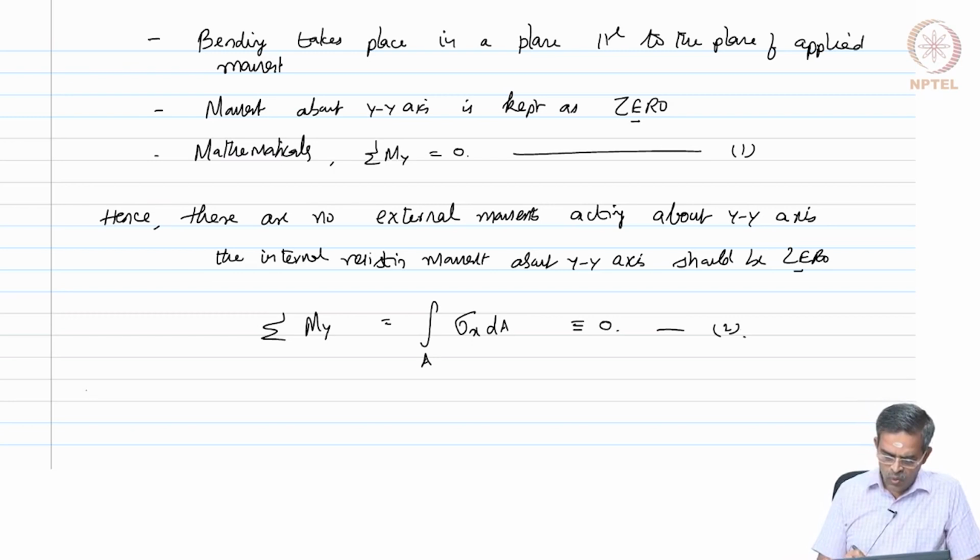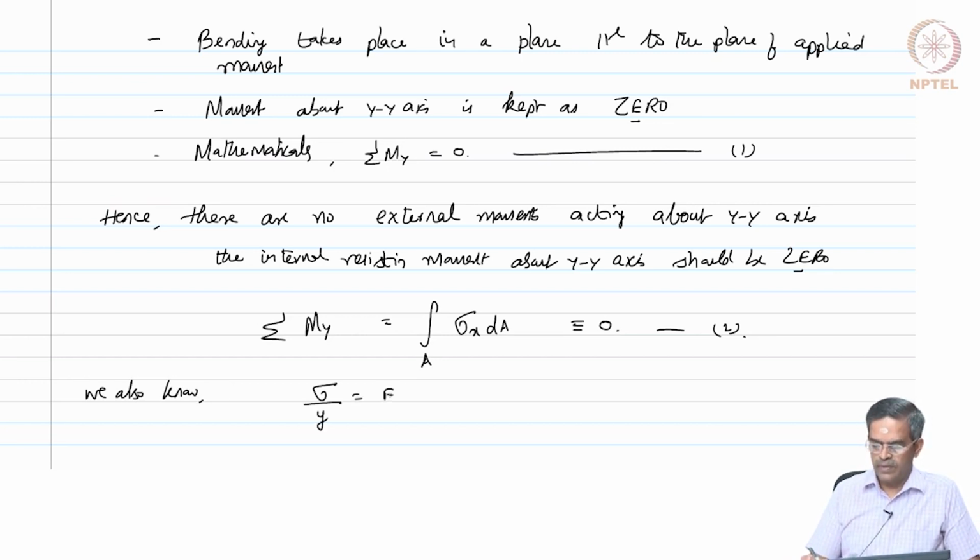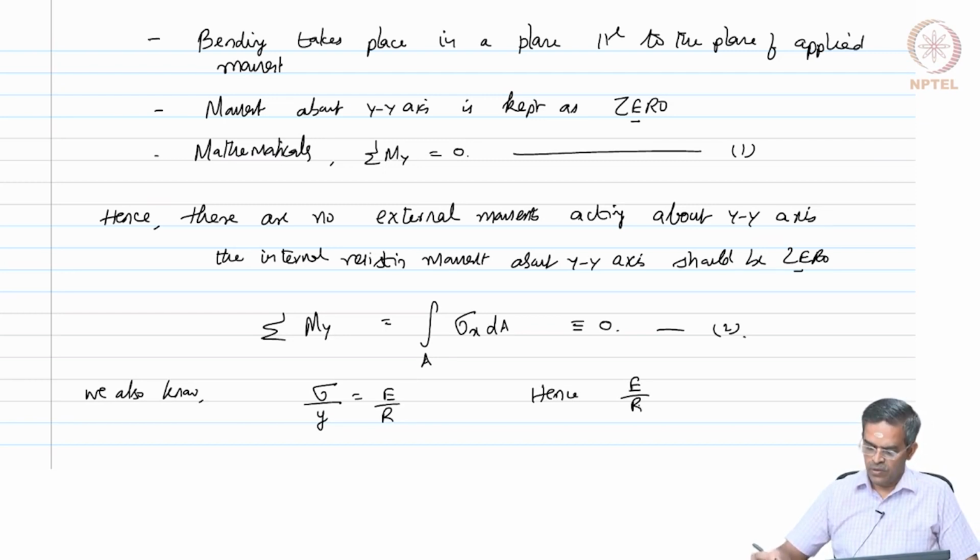So, now we also know sigma by y is E by R, hence E by R into the integral of sigma x dA over the area A should be equal to 0.